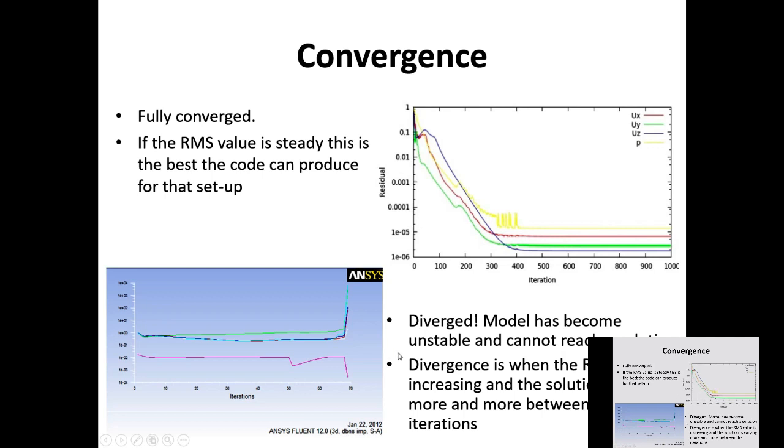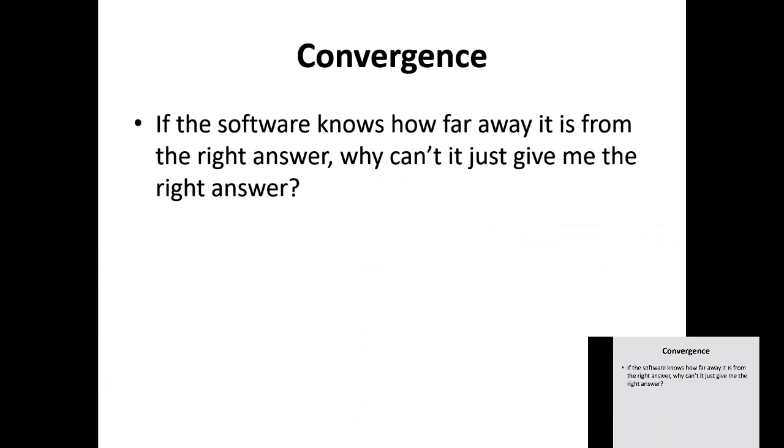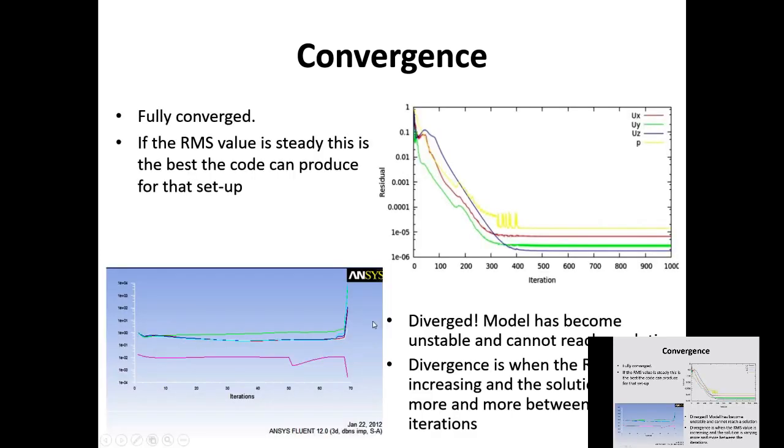That means your solution has gone haywire, and that's not a solution basically. Divergence means these differences are going to increase with the time step. So that's a diverged solution. Your solution is diverging, means you are not going to get a solution.